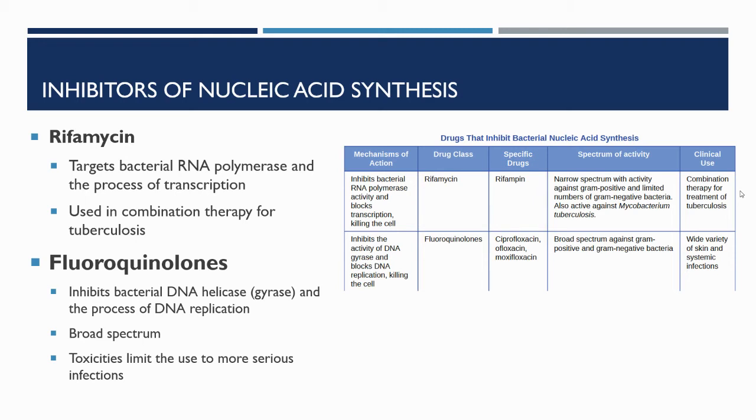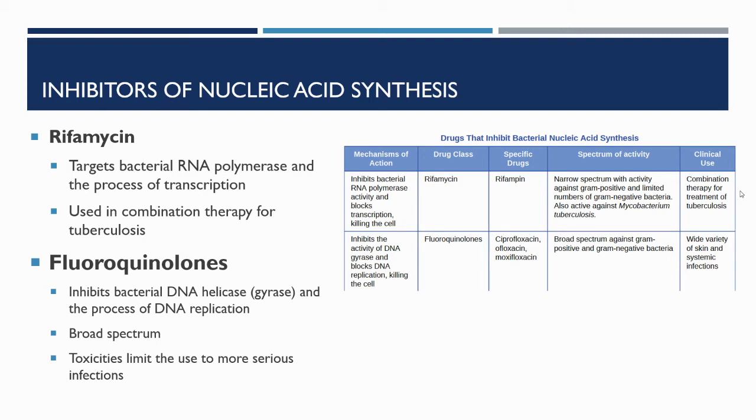But how we copy it, the enzymes we use to copy it or to transcribe it, are different. So rifamycin targets bacterial RNA polymerase, so it stops transcription. So RNA polymerase, that's the enzyme that builds the polymer RNA. We stop that. We don't have the message for how to build the protein, and the proteins don't get built.